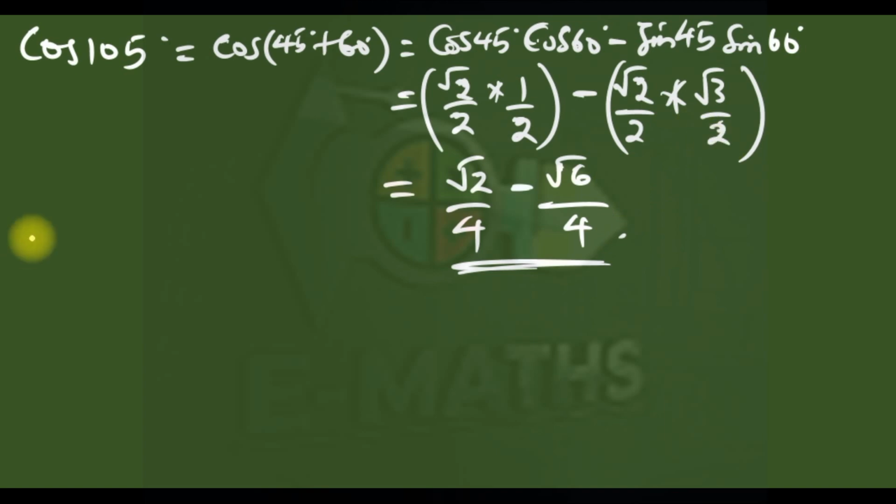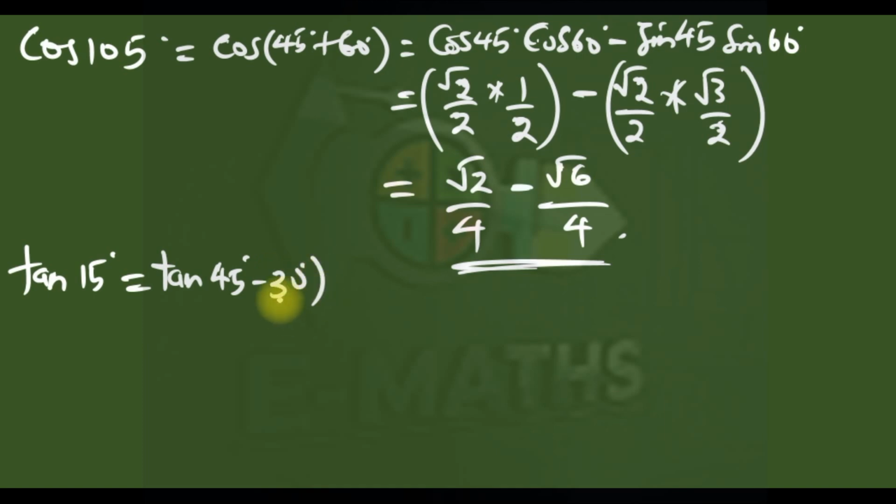Okay, maybe let's solve for tan. If you're asked to find tan, maybe tan 15, as you can see, 15 is 45 minus 30. So let's use 45 minus 30.